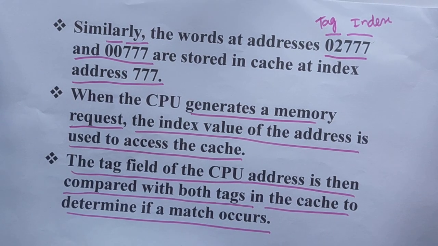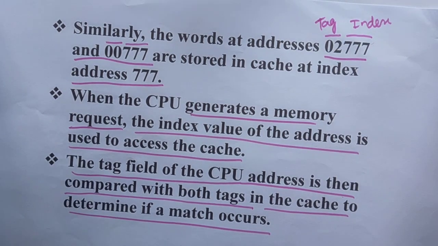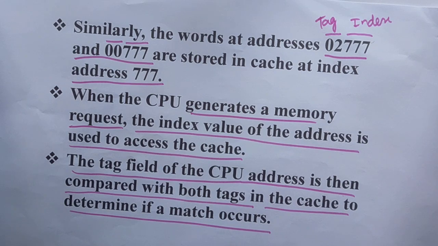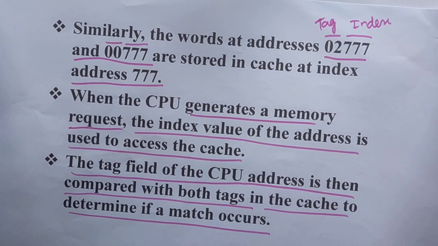If it matches, then the corresponding data will be retrieved. In this way, the data can be retrieved from the cache memory, matching with the cache memory.